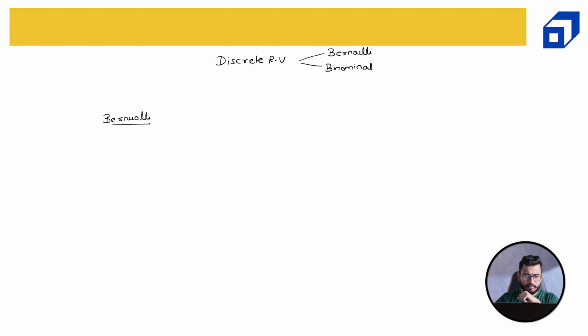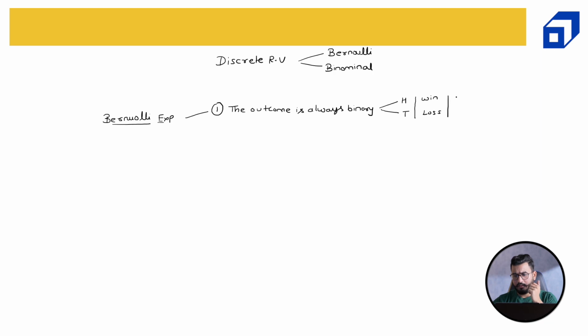When we talk about the Bernoulli experiment, it is a particular experiment in which, number one, the outcome is always binary, which basically means the outcome is either head or tail, win or loss, or maybe 1 or 0.